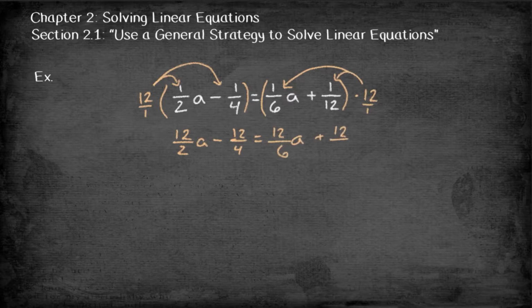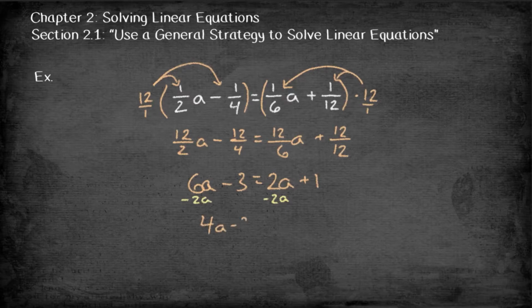plus 12/12, which reduces to 6a minus 3 equals 2a plus 1. And now we can collect variables on one side. So I'm going to subtract 2a from both sides. That leaves me with 4a minus 3 equals 1.